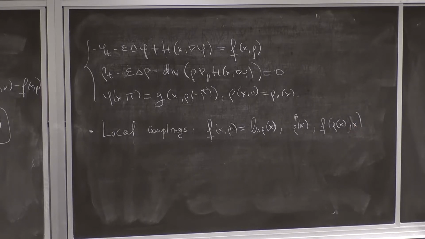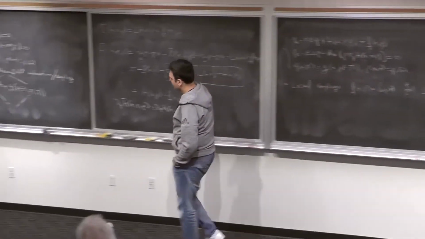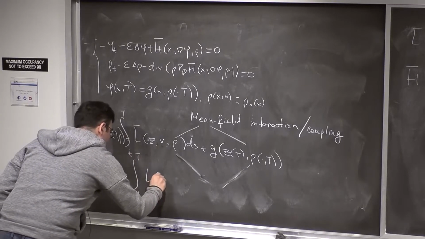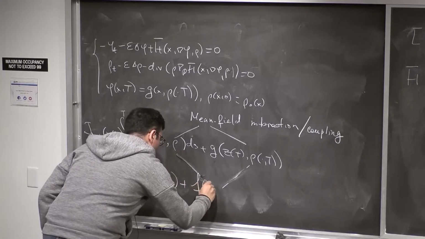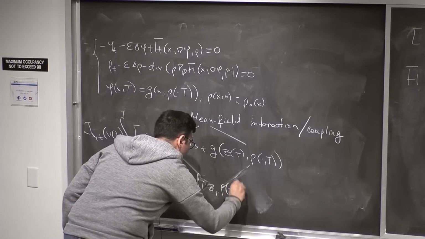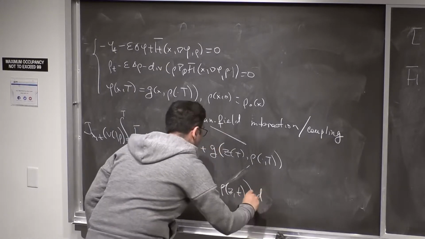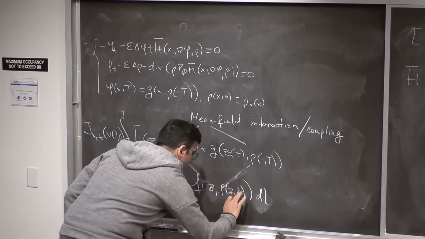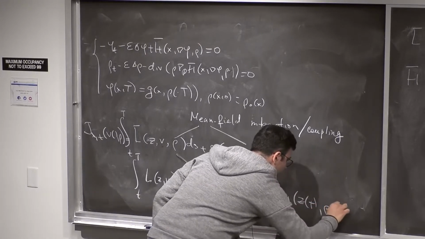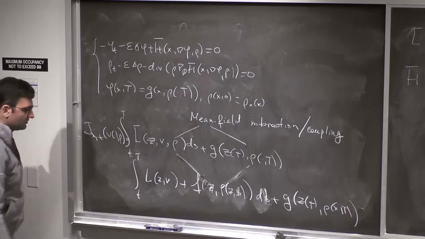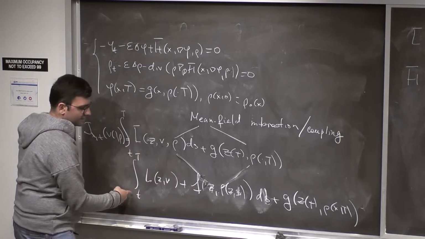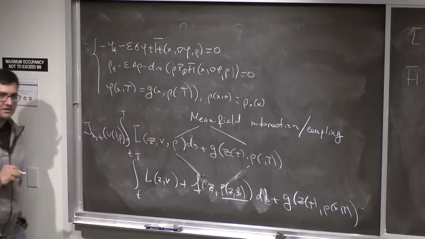So somehow this means that if we go back and look at the action here, which can be rewritten, we see that the way the population affects the cost of the single agent is given through the density along the trajectory.